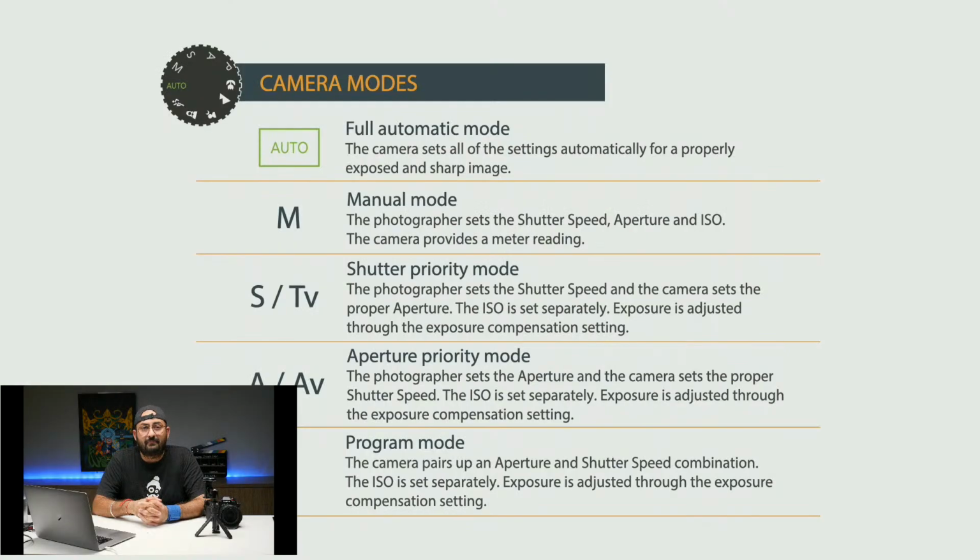Going ahead, the main mode of your camera is the manual mode. The manual mode allows you to control every single setting, from your white balance to your ISO to your shutter to your aperture. Every single detail of your camera is controlled manually. You need to know the perfect combinations. You need to know the perfect settings.